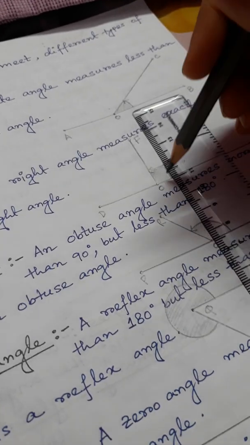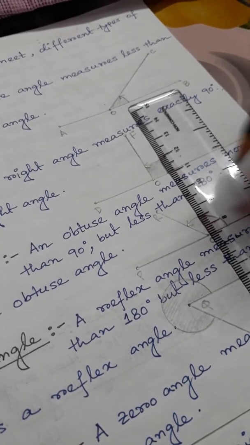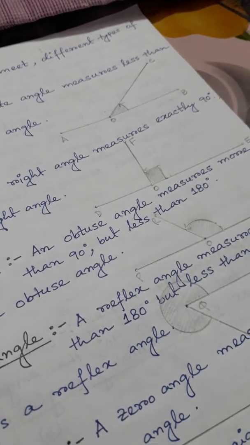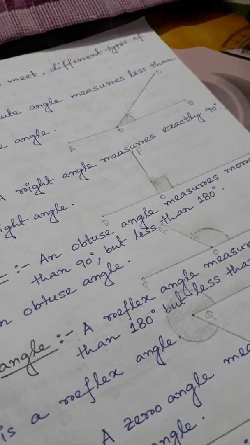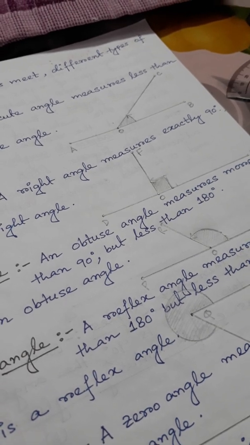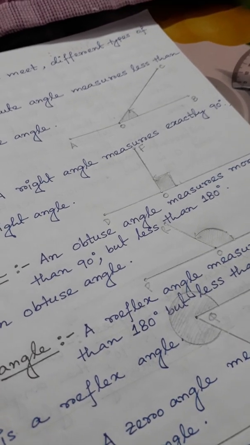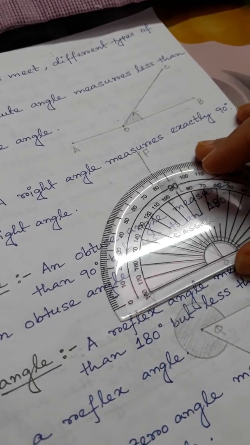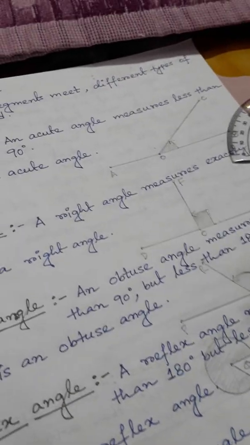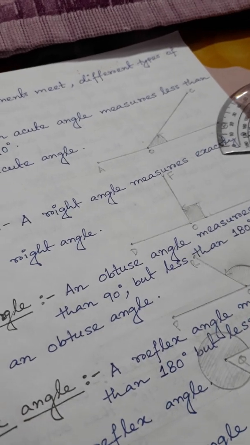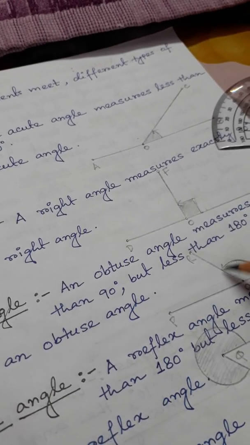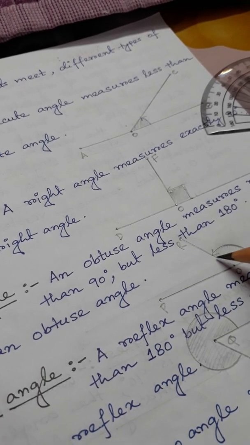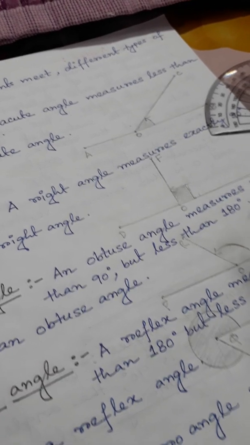If you draw one line here, this side is 90 degrees, but this is more than 90 degrees. You can use the protractor to find out how much this angle is. A full straight line is 180 degrees, so this angle is more than 90 but less than 180 degrees.